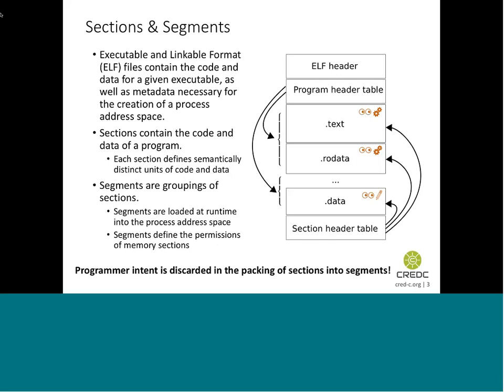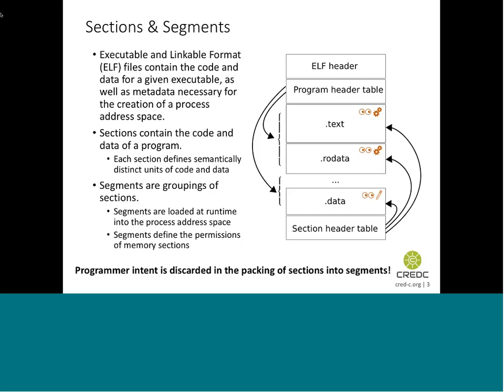Sections are something that most programmers would be familiar with, something like .text or .data. That is the sections of memory that contain the executable code that you will be running or the data that you will be manipulating. Each section within an ELF file contains semantically distinct units of code and data. That is, each section has permission controls, access controls that are specific to the contents of that section.